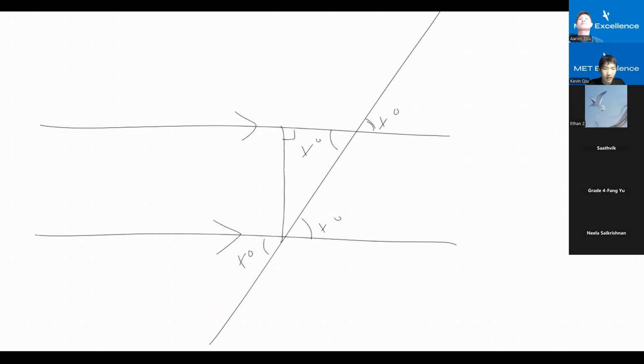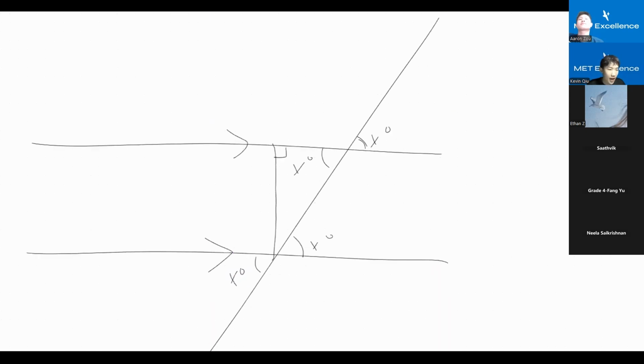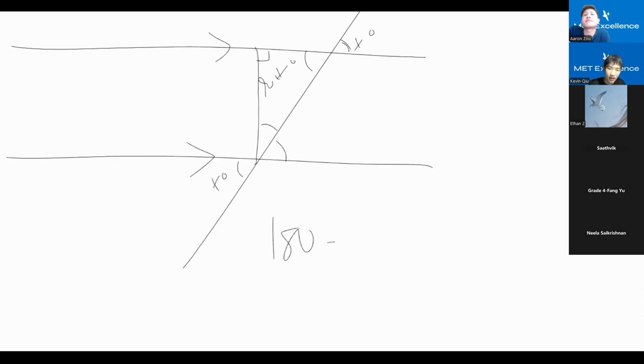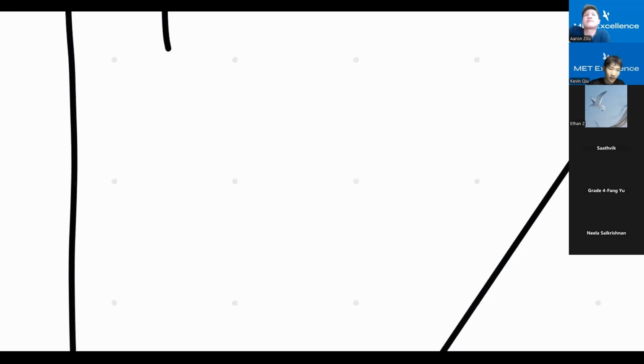And we know that these three angles have to add up to 180 degrees. So since this is 90 degrees and this is x degrees, that has to be 180 minus 90 minus x, which is 90 minus x degrees. So we know this is 90 minus x degrees.